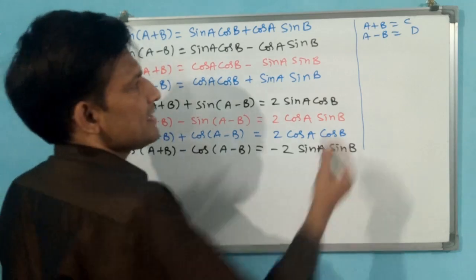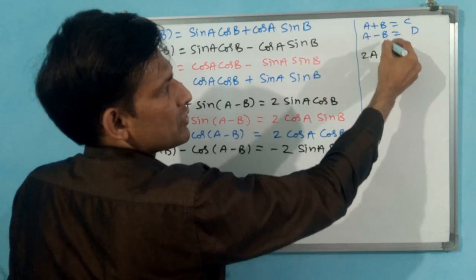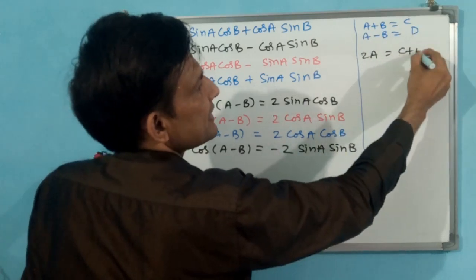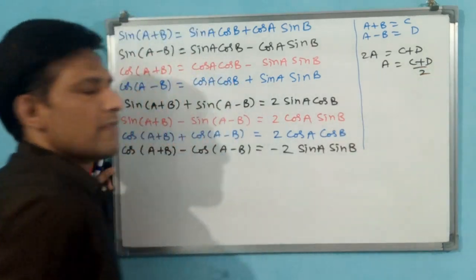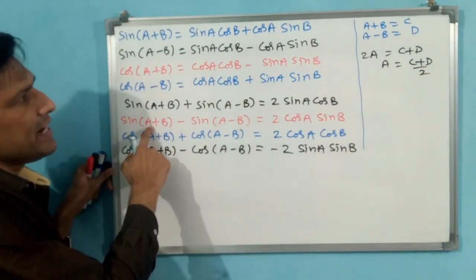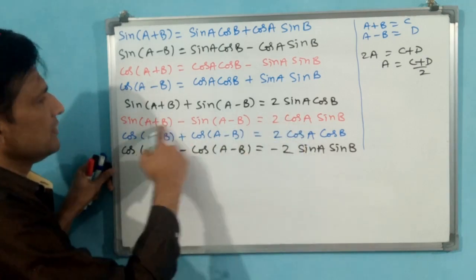If I change like that, if we add these, what will come? 2a, these are going to get cancelled, is equal to c plus d. That means a is equal to (c plus d) by 2.